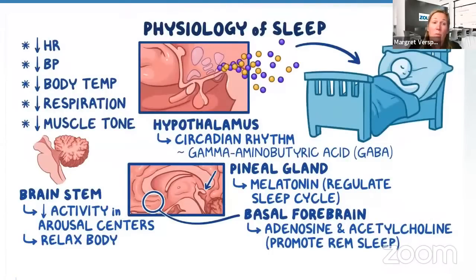So the physiology of sleep, like I already mentioned: heart rate goes down, blood pressure goes down, and body temperature goes down. The frequency of your respiratory movement also normally goes down during sleep, unless you have some other sleep disorder. Sometimes we can see some very quick respiratory movement. The muscle tone goes down.